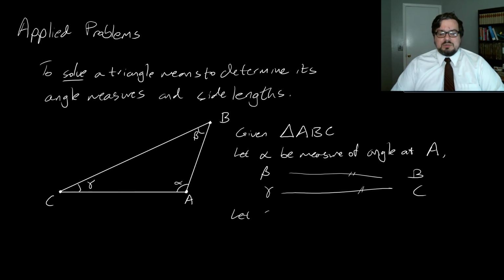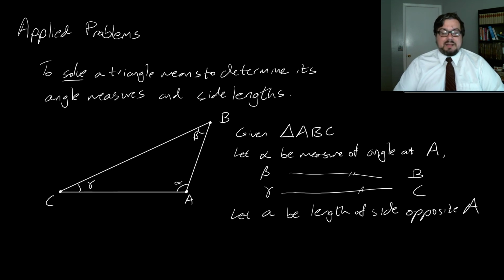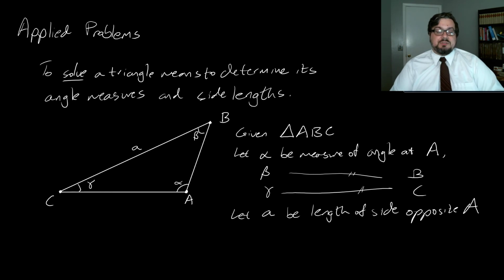Furthermore, we want to let little a, lowercase Roman a, be the length of the side opposite the point A. So given the point A, that point is adjacent to two sides of the triangle and it's opposite one of the sides.